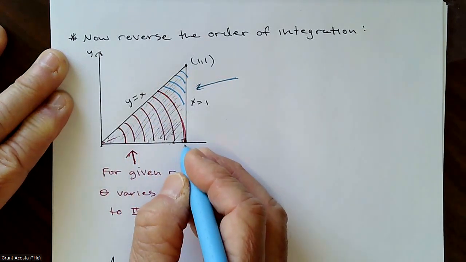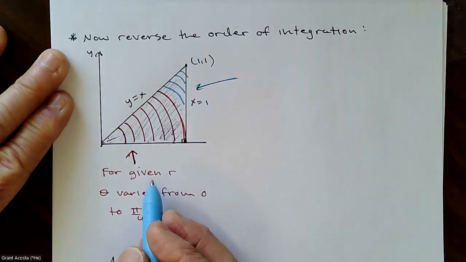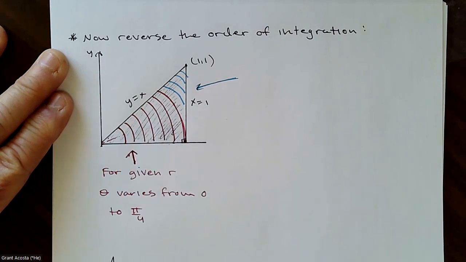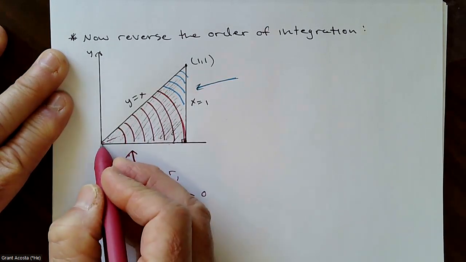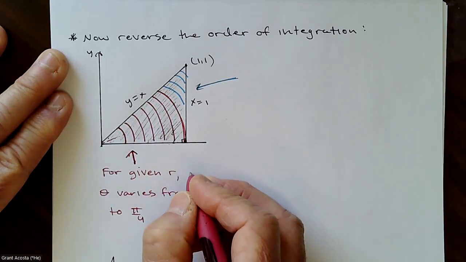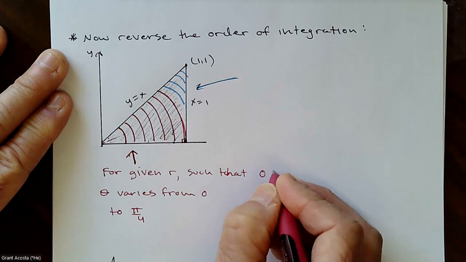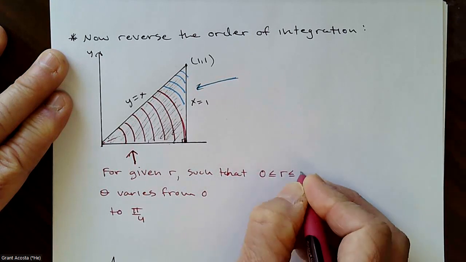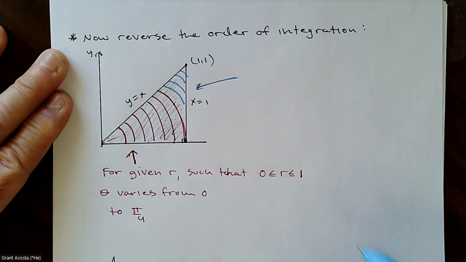So they don't go all the way to 0. So we have to separate this into two separate integrals. For given r such that r is between 0 and 1, theta is going to vary from 0 to pi over 4.